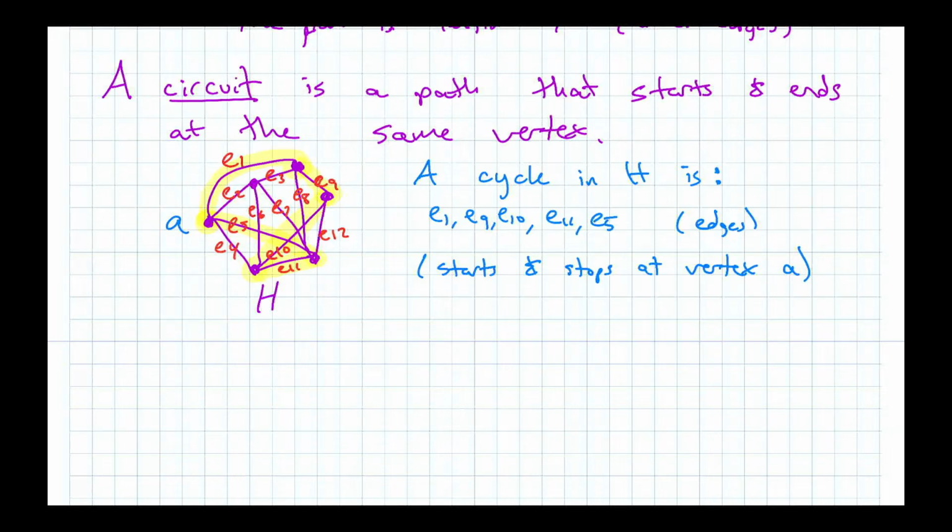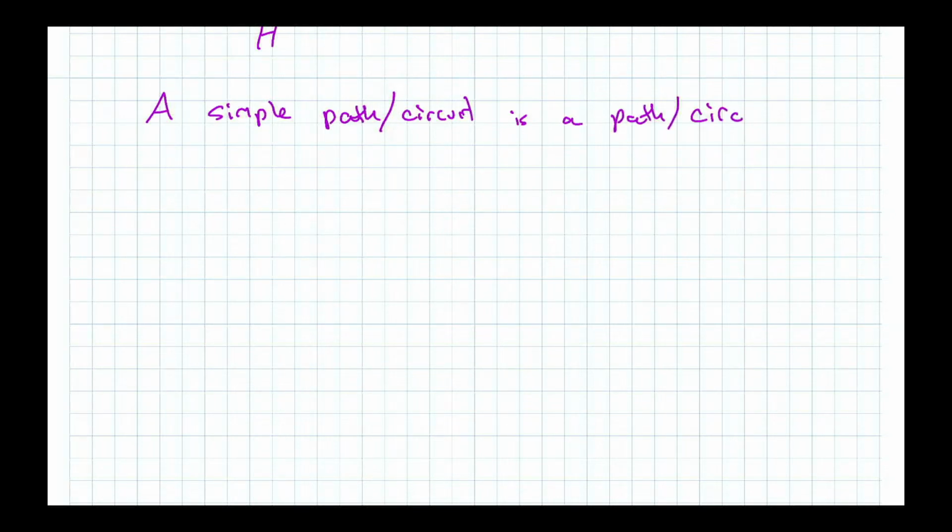Then the last definition that we had in that little definition box is that a simple path or circuit is a path or circuit that does not reuse any edges.